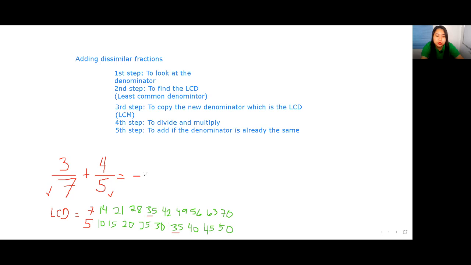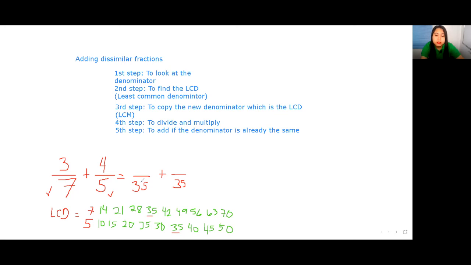So let's write 35 here, plus another 35. Teacher, why are you writing two 35s? Because we have two fractions here, 3/7 and 4/5.